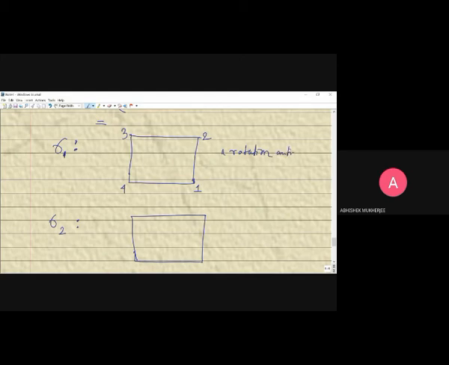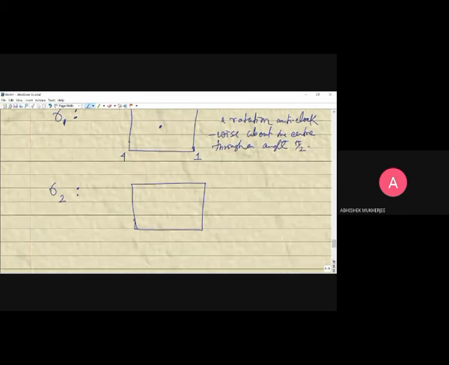Anti-clockwise rotation, anti-clockwise about the center, this is your center, through an angle pi by 2, right? Through an angle pi by 2.